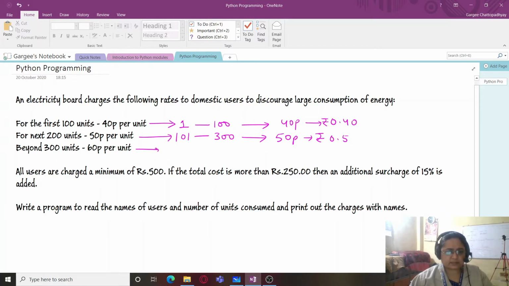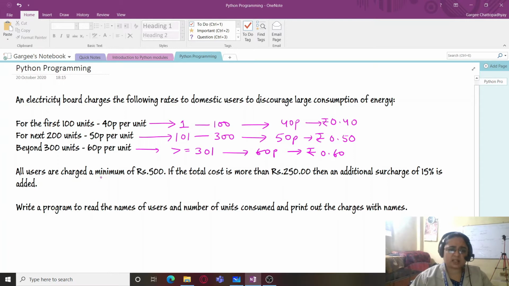Next, or I'll specify it this way, beyond 300 units, that is greater than or equal to 301, you have to pay 60 paise per unit, which is Indian rupee 0.60.